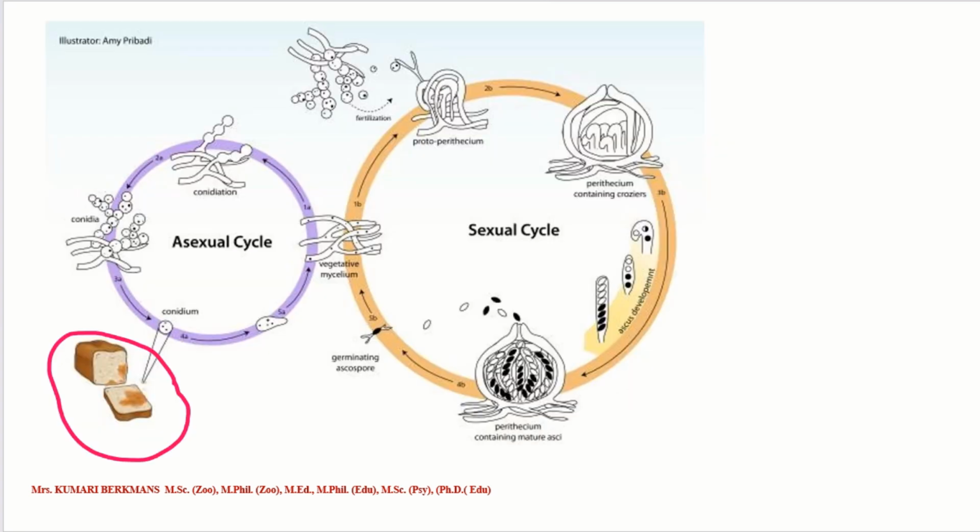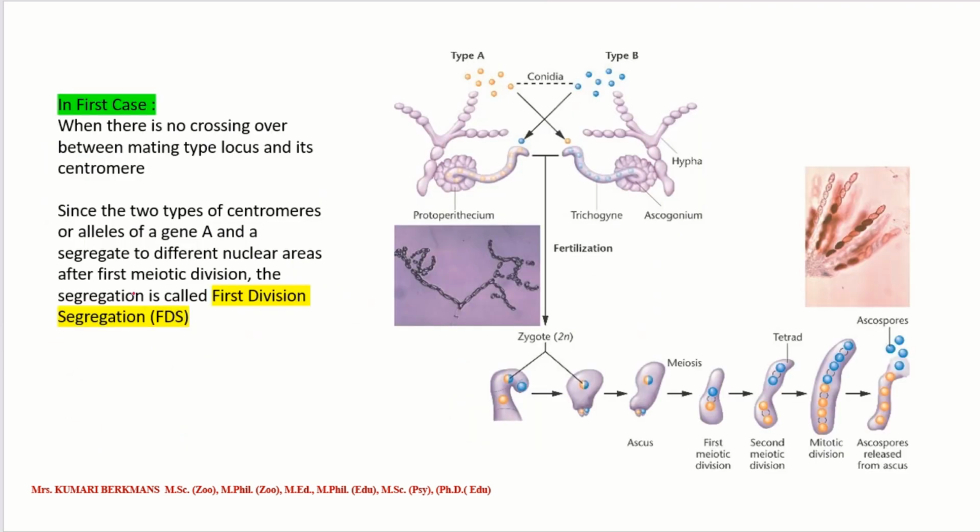You can see this in this picture. Here, this is one strain, type A, and this is type B strain. There is a fusion of conidia from A and B.